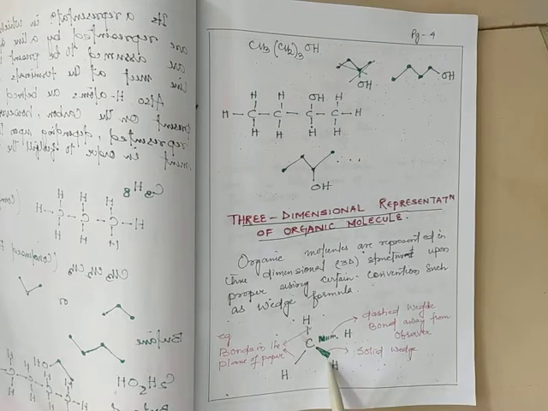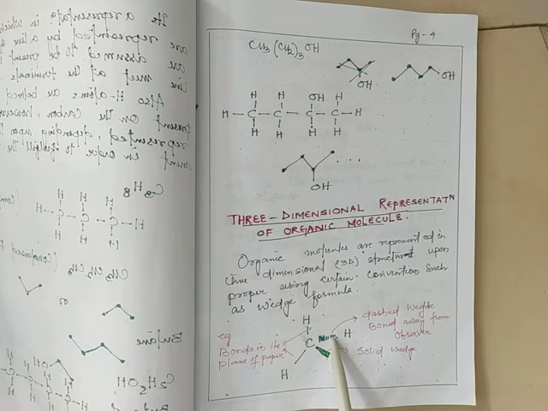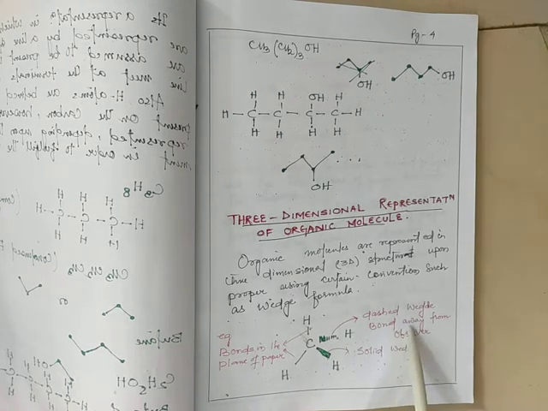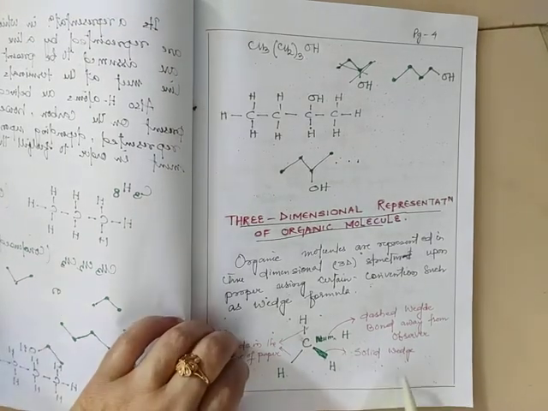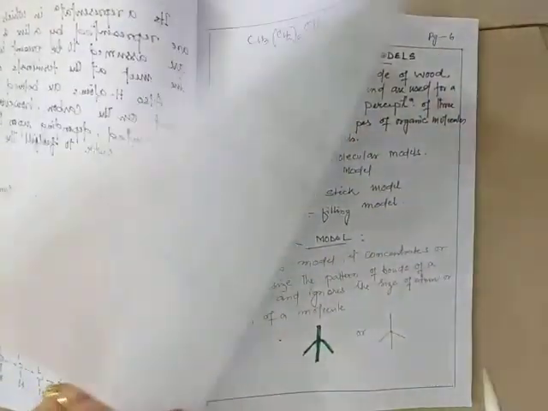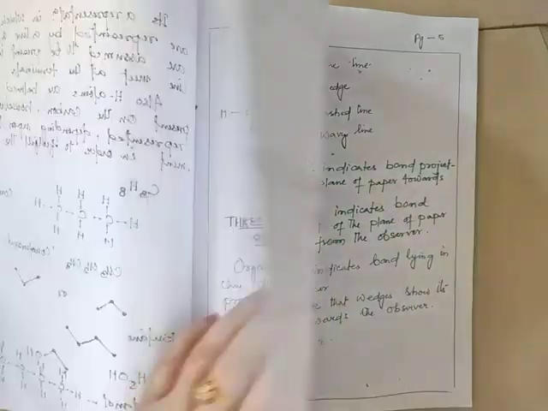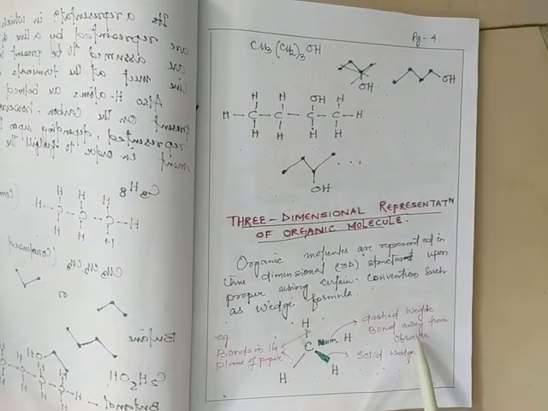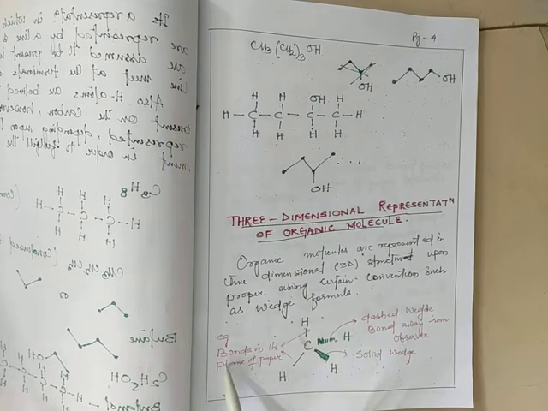Then in another one, that is a solid wedge, and then another one zigzag one, that dotted, one dash wedge. So that dash wedge bond is away from the observer, and then this solid wedge is towards the observer. And this one, what we say, the dash is represented as a bond in the plane of paper.